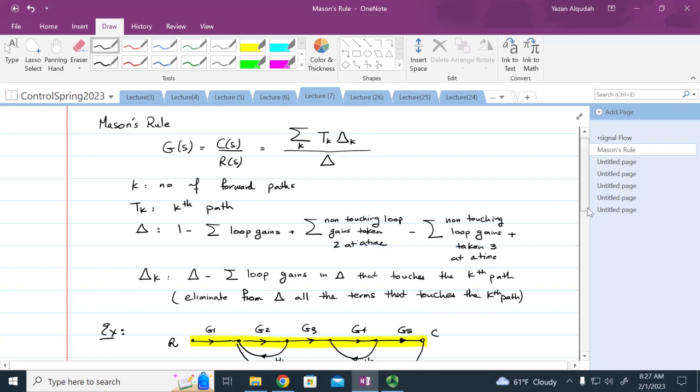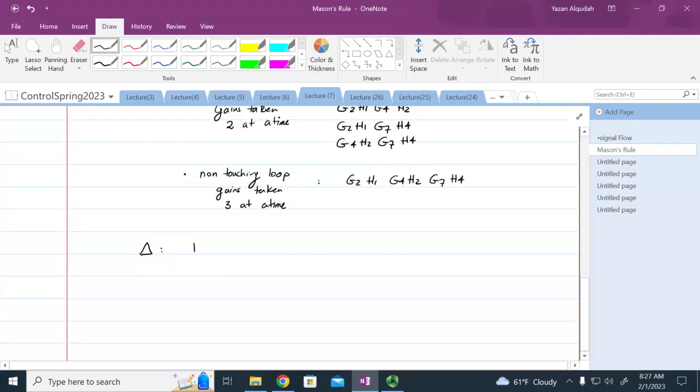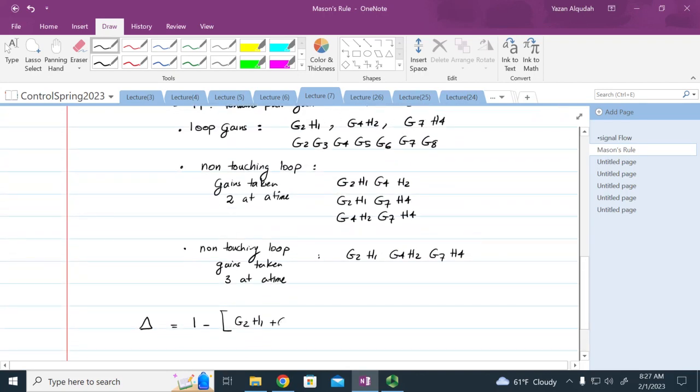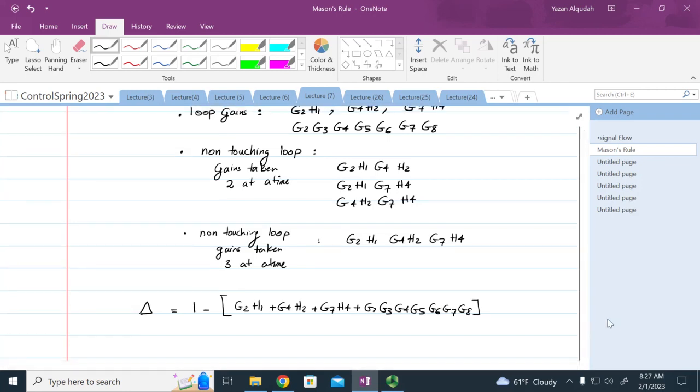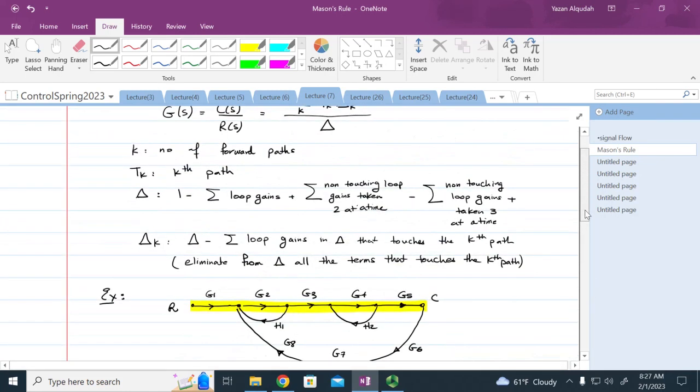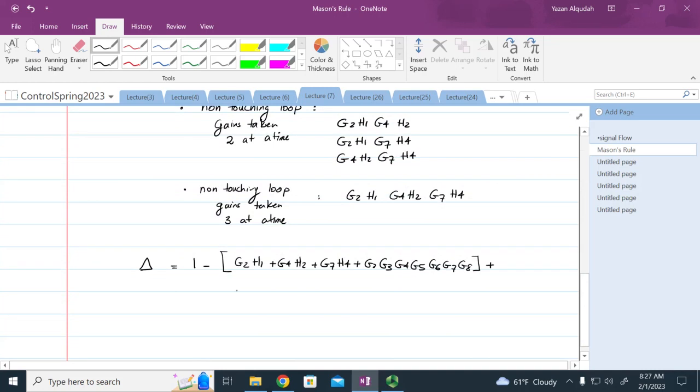So delta is going to equal 1 minus the summation of the loop gains, which are G2 H1 plus G4 H2 plus G7 H4 plus G2 G3 G4 G5 G6 G7 G8, plus the non-touching loop gains taken two at a time: G2 H1 G4 H2 plus G2 H1 G7 H4 plus G4 H2 G7 H4.